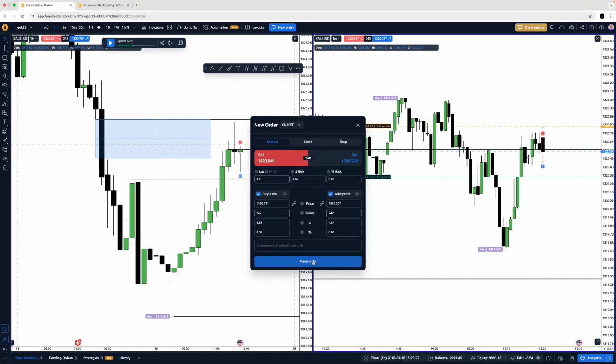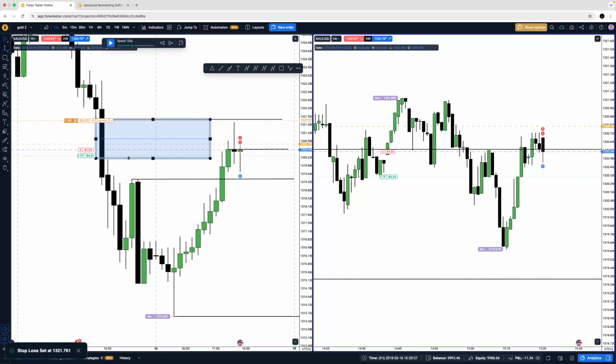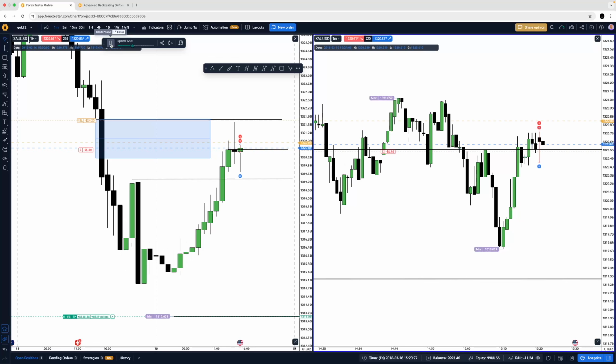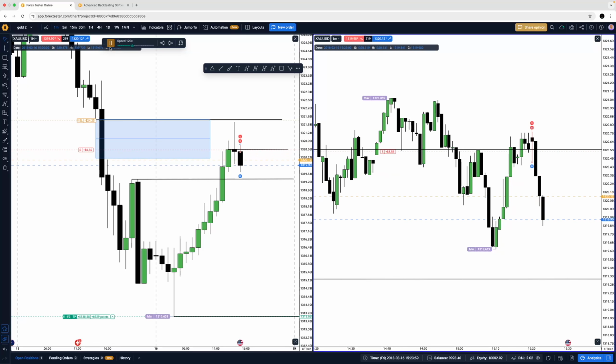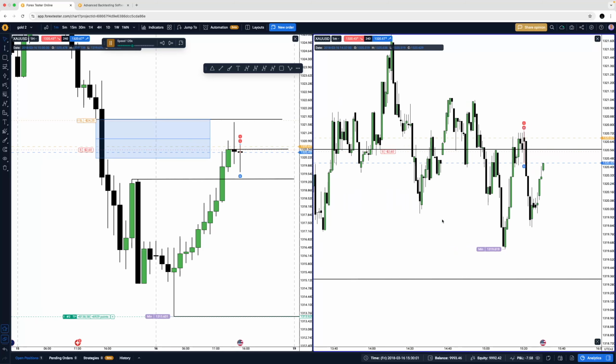New order, place a sell, and then we put the stop loss above this rejection candlestick here on the higher time frame, and then we put the take profit below, because you are trading the 4 hour rejection in mind. I know you'll likely be trying to make the stop loss very low, but right now if you look closely, price is behaving perfectly fine.